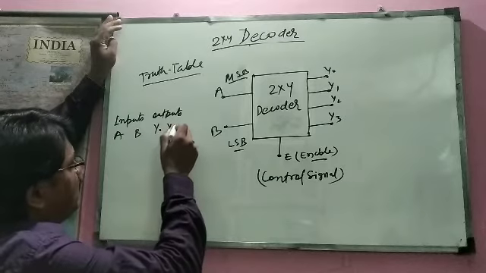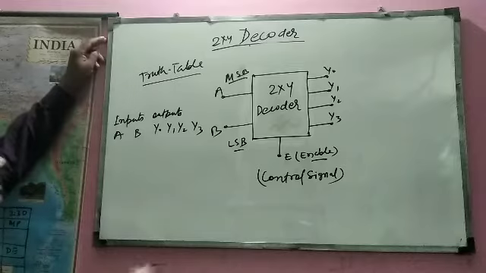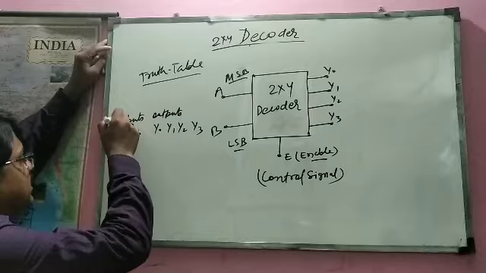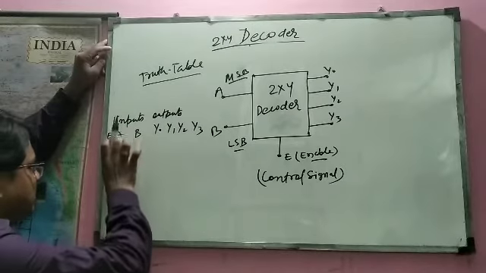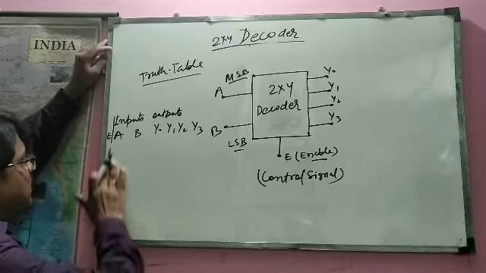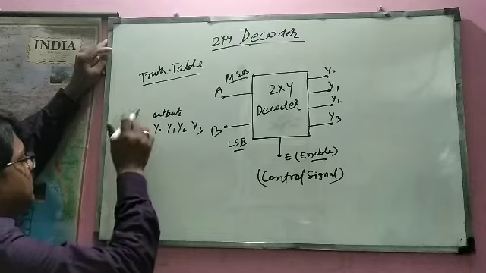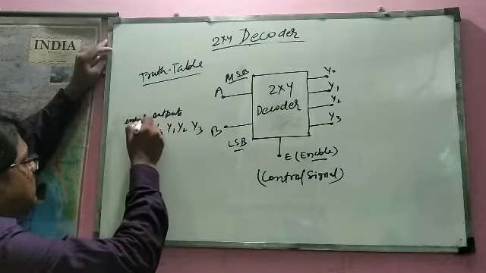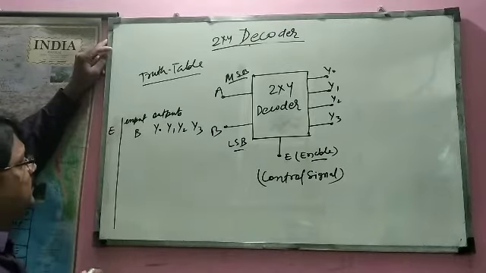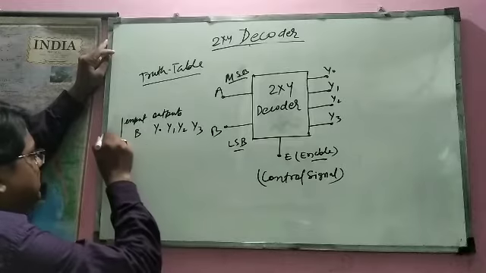Y0, Y1, Y2, Y3, so 4 outputs, and there is an enable signal. We will give some more space to this. So this is input, and here it is enable, E.